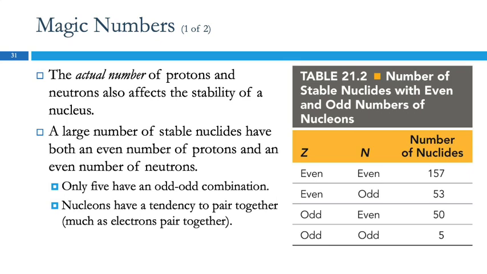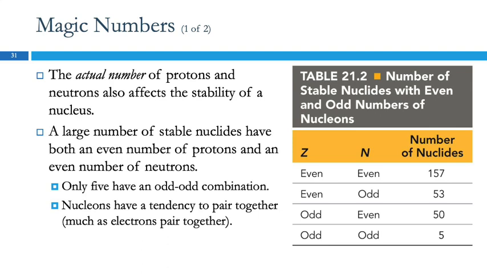It doesn't always happen. Magic numbers. This is where you kind of feel like scientists are grasping at straws. We didn't come up with anything very good this time. We're looking for patterns in all of this to see what kind of patterns we can find, and there aren't really great patterns. So we have the valley of stability, and we have this other idea called magic numbers.